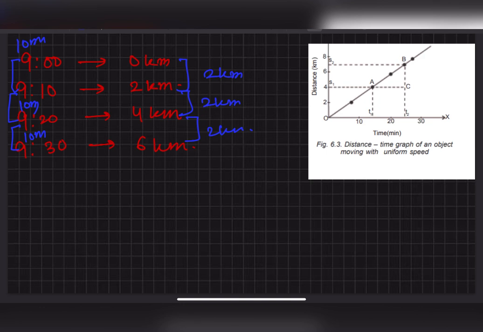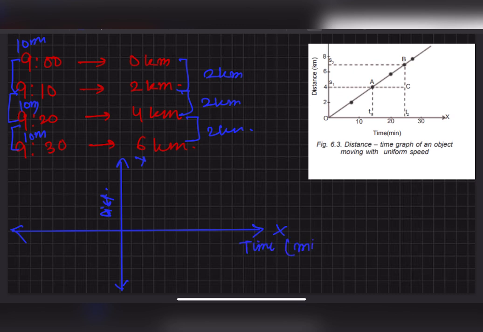So if I draw a graph, how to draw a graph? You know how to draw a graph, right? Make one line like this, make another line like this. Okay, this is my x-axis, this is my y-axis. This side is distance, this is time.